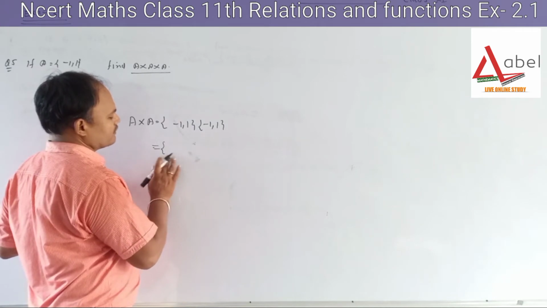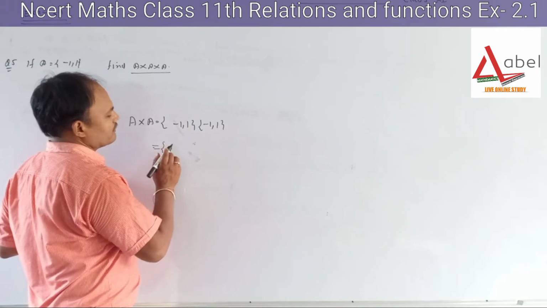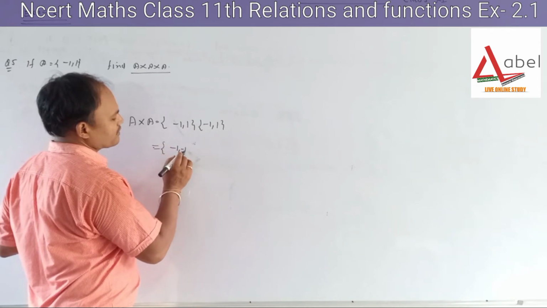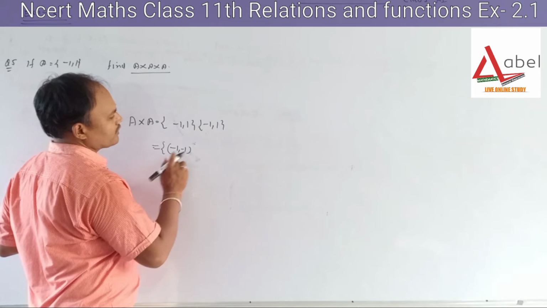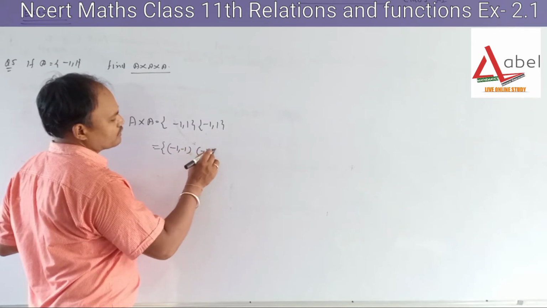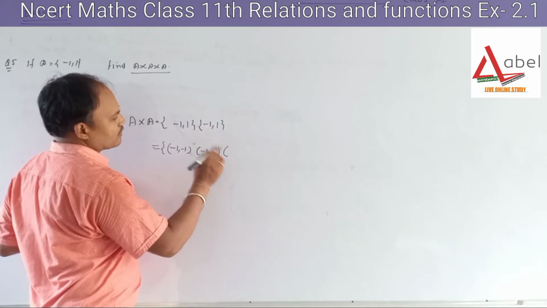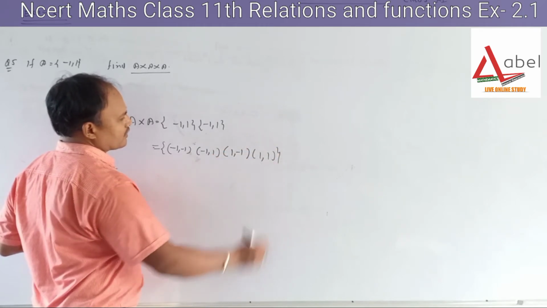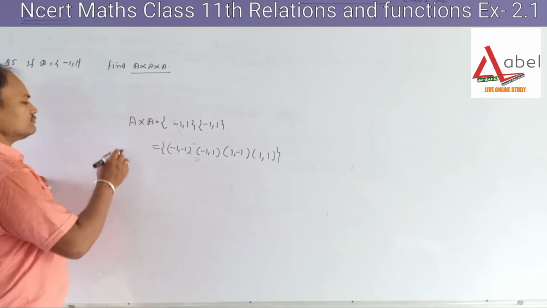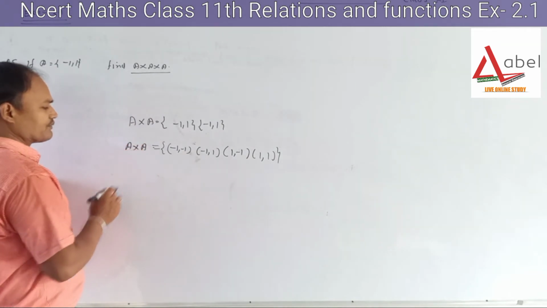Look here, when we are going to find A cross A, we can say that -1 into -1, -1 into 1, and what about here? It is 1 comma -1 and it is 1 comma 1. It is clear? It is A cross A.